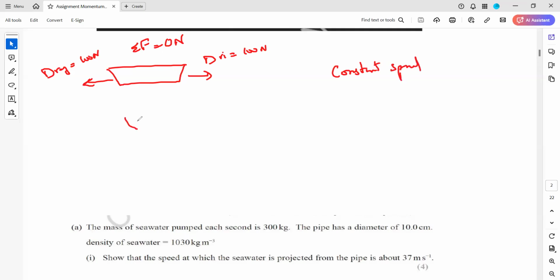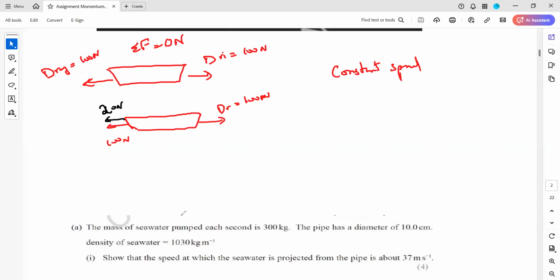Then what happens when the pump is switched on? According to Newton's pair force, there will be an equal reaction force. The driving force remains 100. The drag force was 100 at that moment. But a reaction force, the Newton pair force, is there. For example, the Newton pair force is 20 Newton.